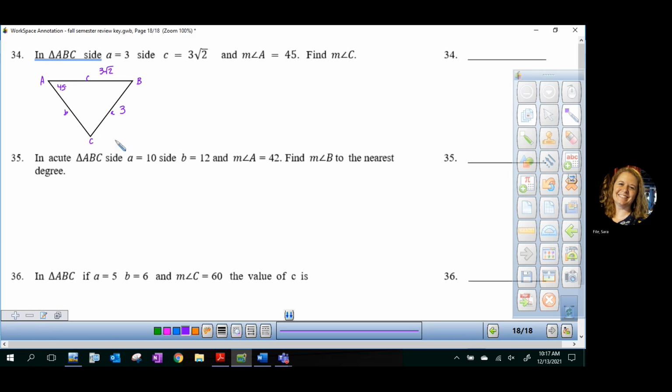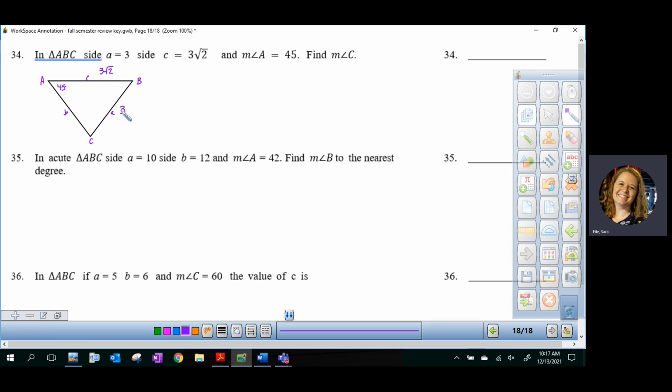Now, based on the information they gave you, most of you are going to say, okay, I've got side, side, angle, right? Which would be law of sines to find angle C, which is fine, and that's going to work great. But if you notice a relationship between these, this is a special right triangle.